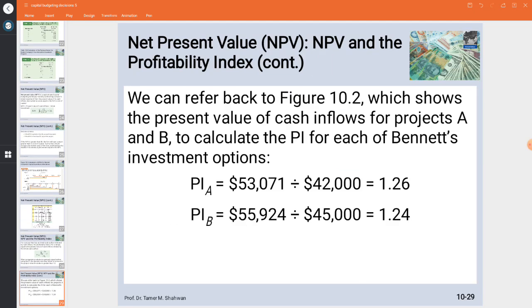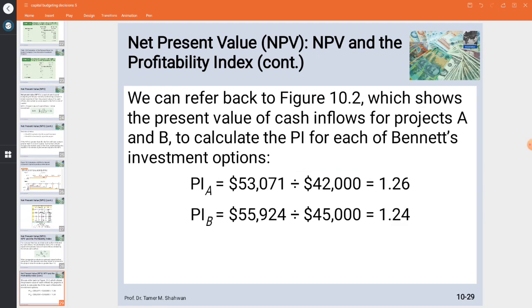Here, give a look at our Bennett example. We determine the profitability index of project A, which is equal to the PV of cash inflows divided by the PV of cash outflows. This is equal to 1.26.